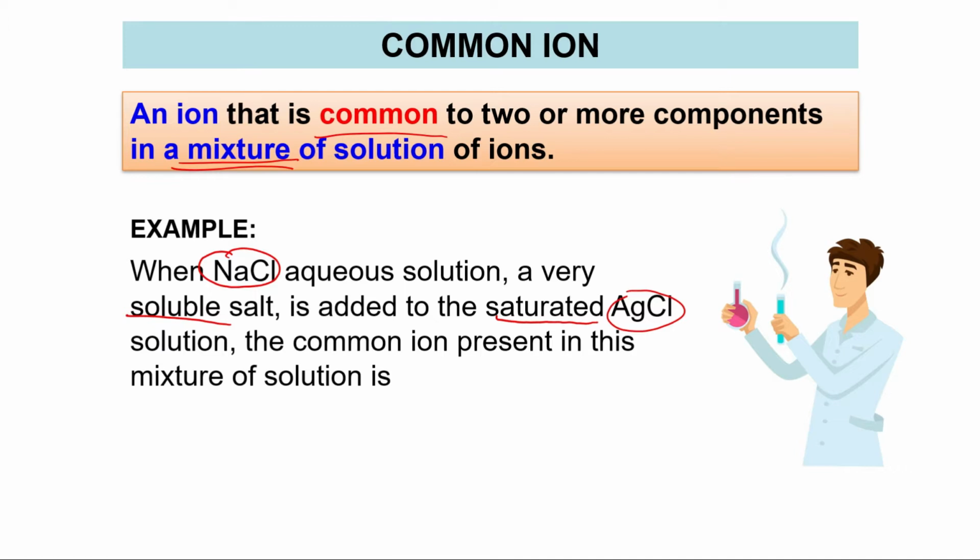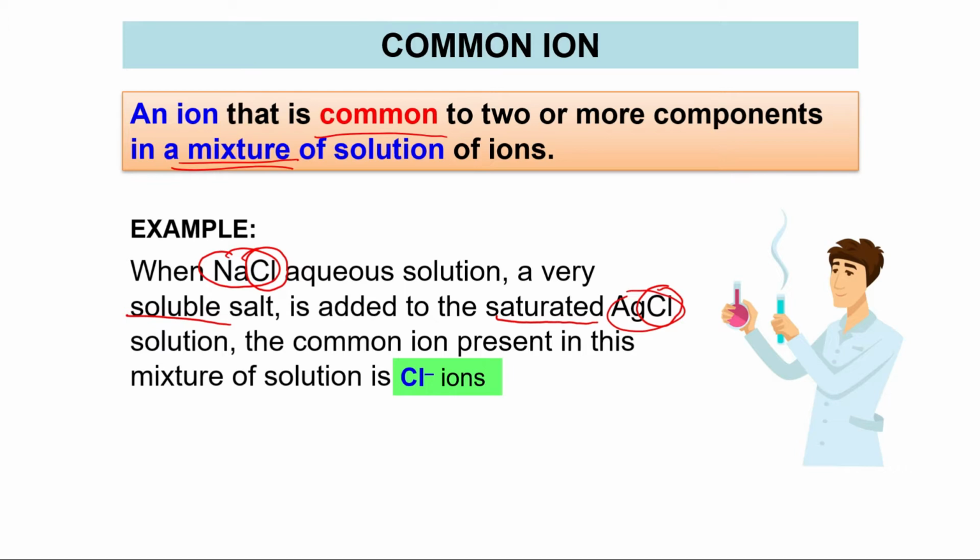So can you spot any ion that is common to each other? Yes. In this solution we have Cl minus. In this solution we also have Cl minus. So the common ion is Cl minus ions.